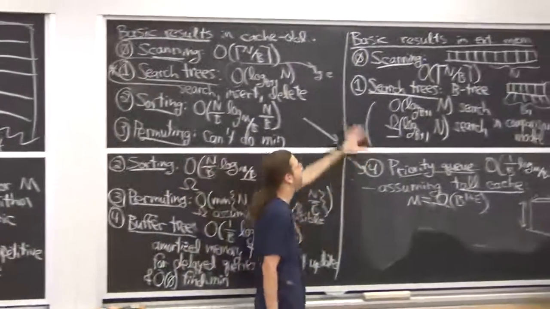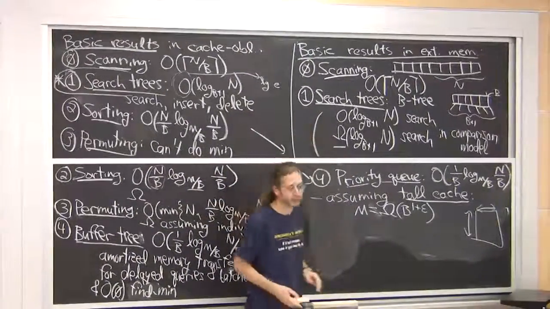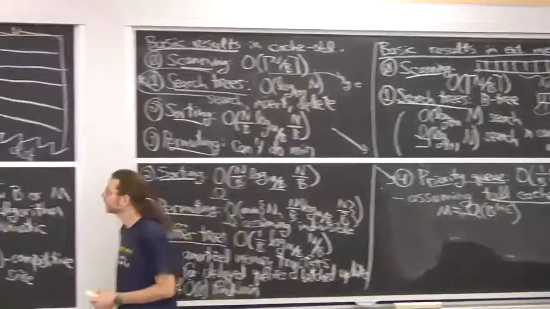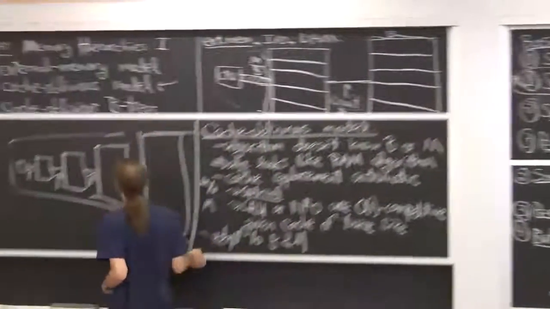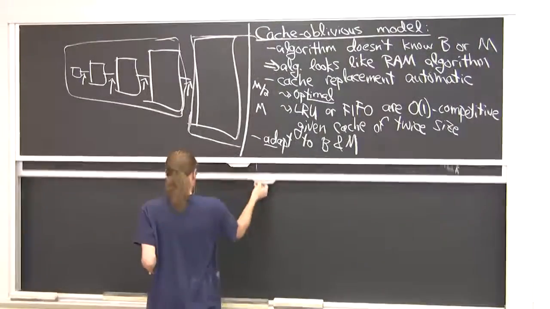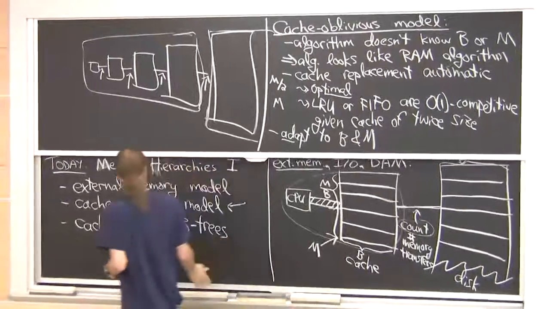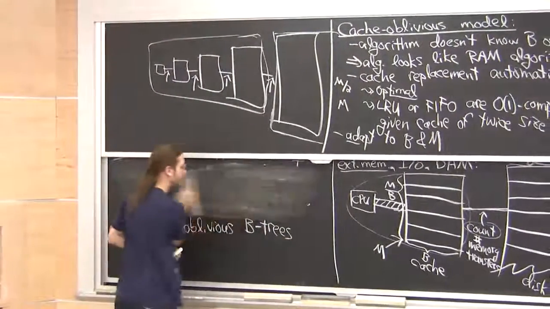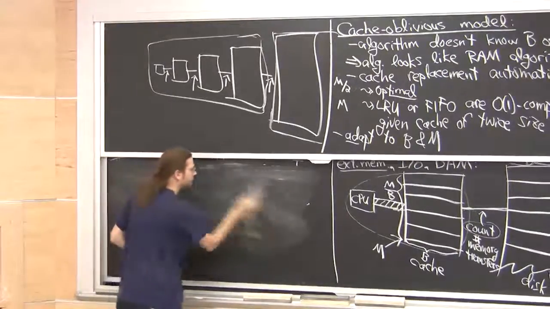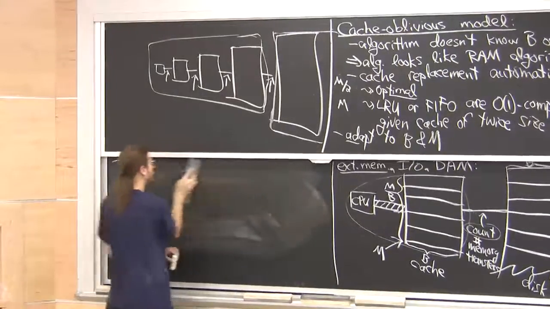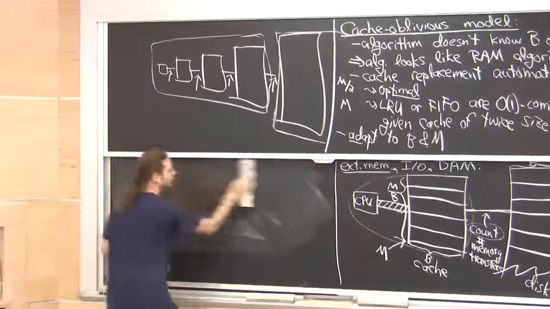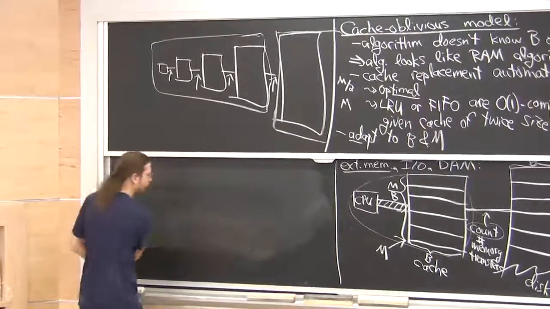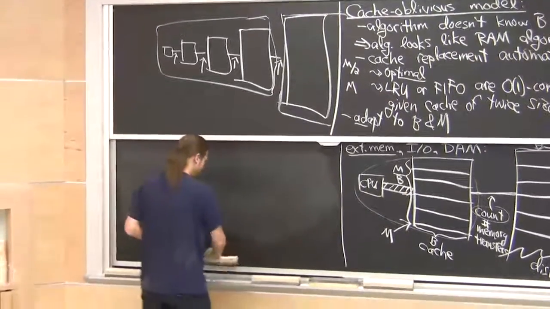Because external memory, we already know how to do it with a B tree. So we did both models, cache-oblivious B trees. What remains? This was the first result in cache-oblivious data structures.